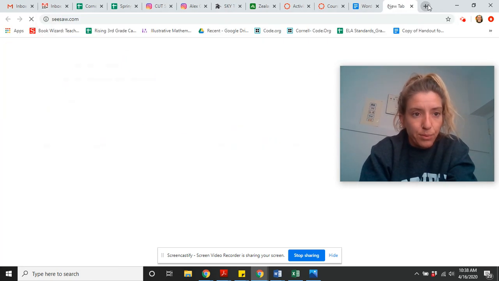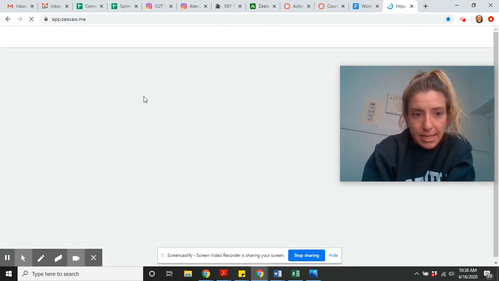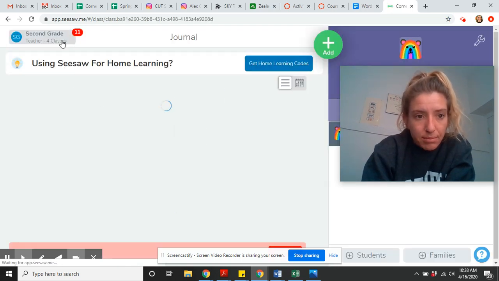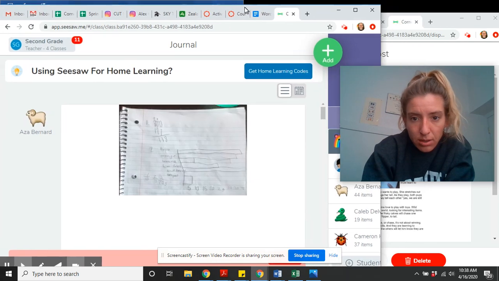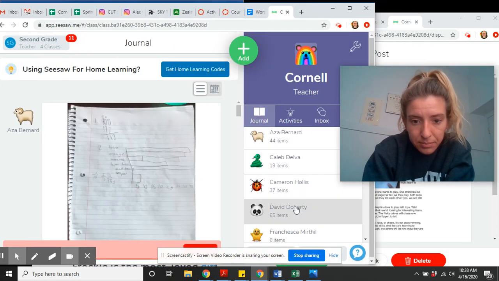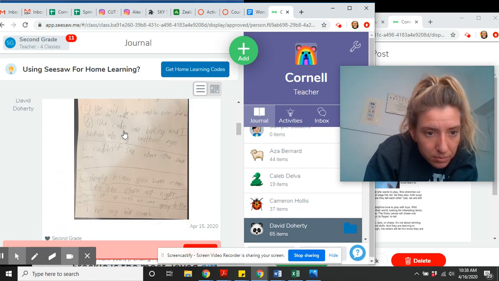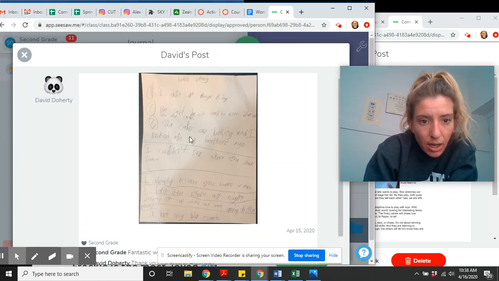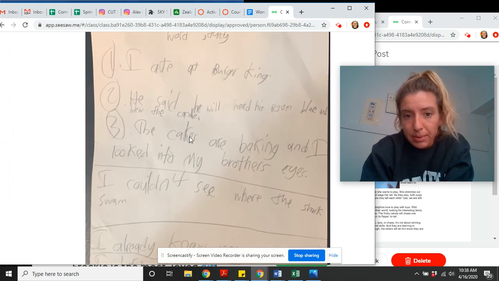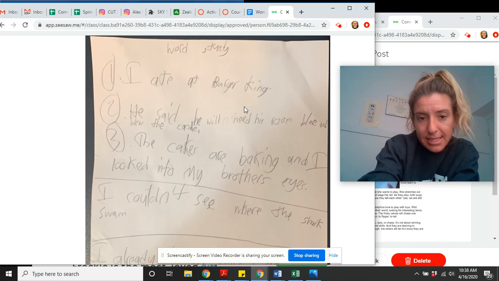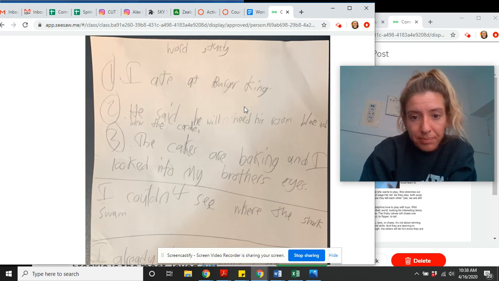Bear with me for 1 second. I want to show you what some awesome sentences were that kids came up with on word study yesterday. So let me pull those up. Okay, David did a really, really great job with this. This sentence needed a homophone and a proper noun. So he said, I ate, past tense, at Burger King, proper noun.